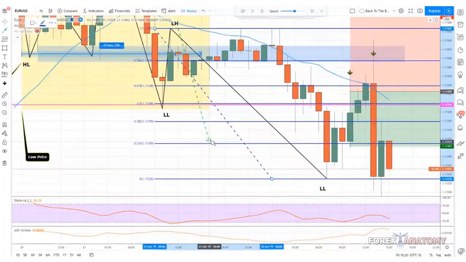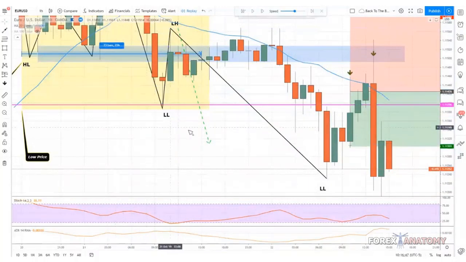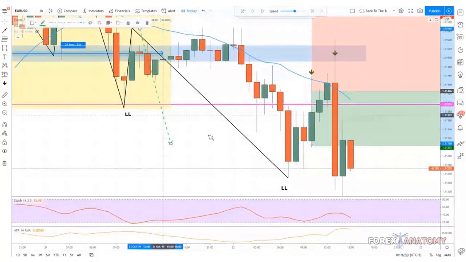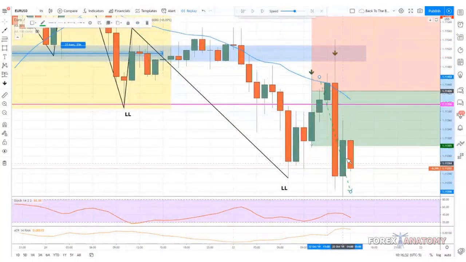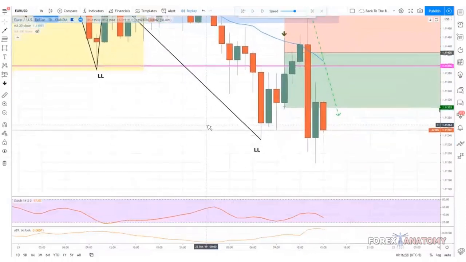Let's just say that price travels 75% of this entire move lower. So that's what we're expecting. On this sell, we're expecting price to go 75% lower. So what we'll do is draw it from the swing high, and it pretty much already did that.